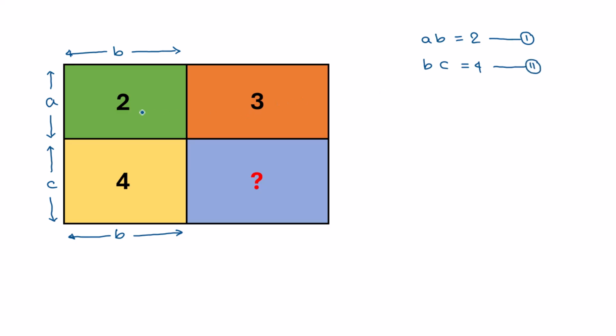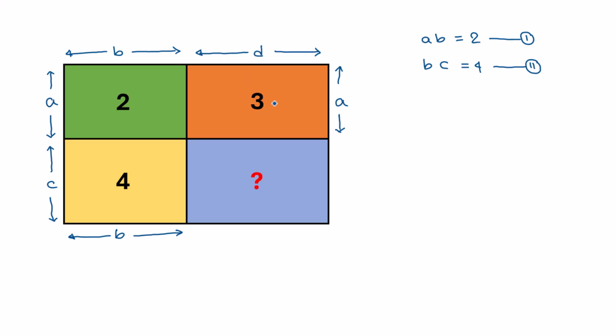Now, as the width of this rectangle is A and this length is same as this length, this will also be A unit. And consider the length of this rectangle as D. So this length will be D unit.